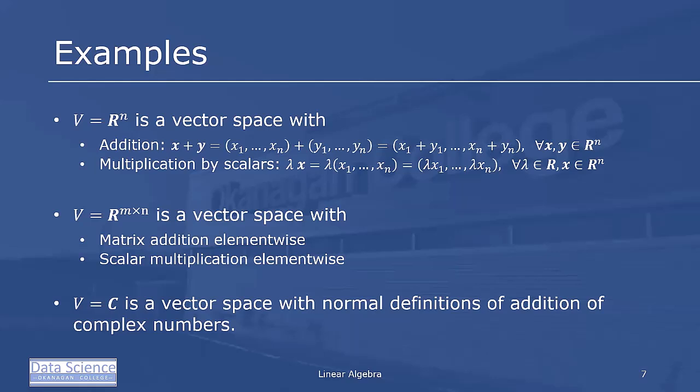If we take our V to be R^(m by n), so the set of matrices with real entries of dimensions m by n, and we take matrix addition component-wise and scalar multiplication element-wise, then we have another vector space of m by n matrices. Finally, if V is the set of complex numbers with the normal definition of addition and multiplication of complex numbers, we again get a vector space. The third one obviously is a little different than the first two.